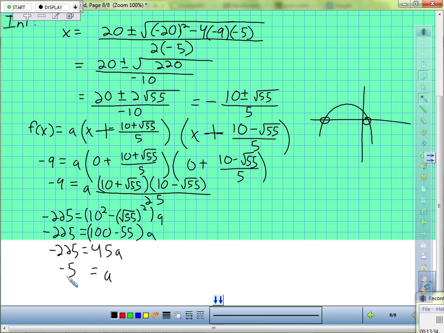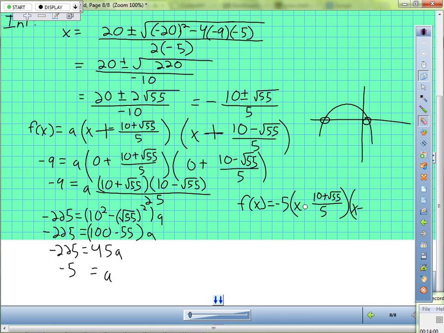So, my final answer for intercept form is going to be f of x is equal to -5 quantity, and then it's going to be x plus 10 plus radical 55 over 5, x minus, oh, excuse me, I did this backwards.